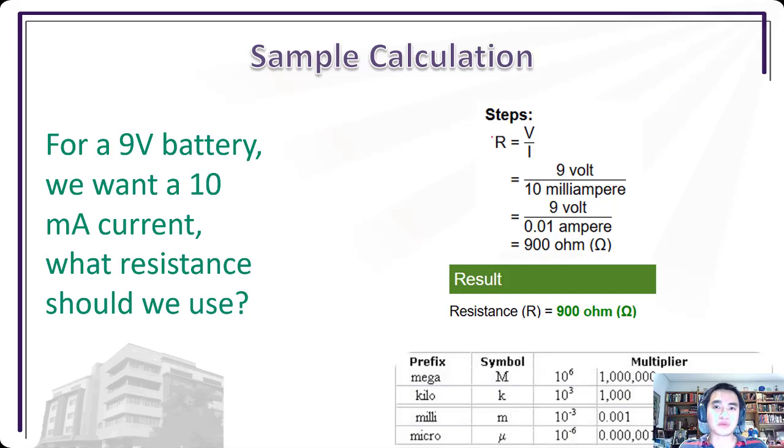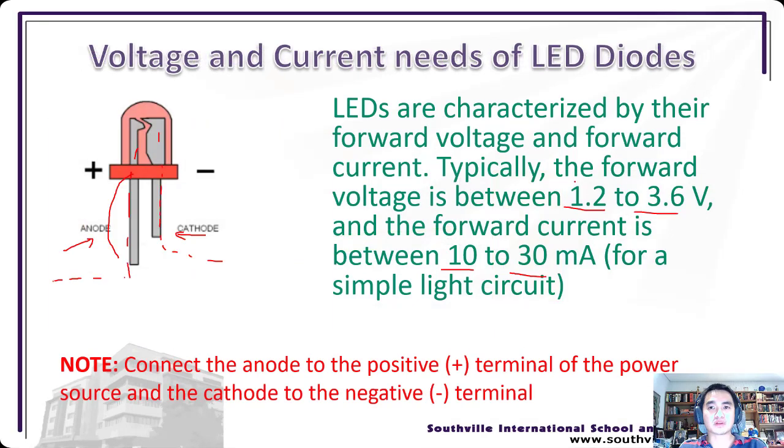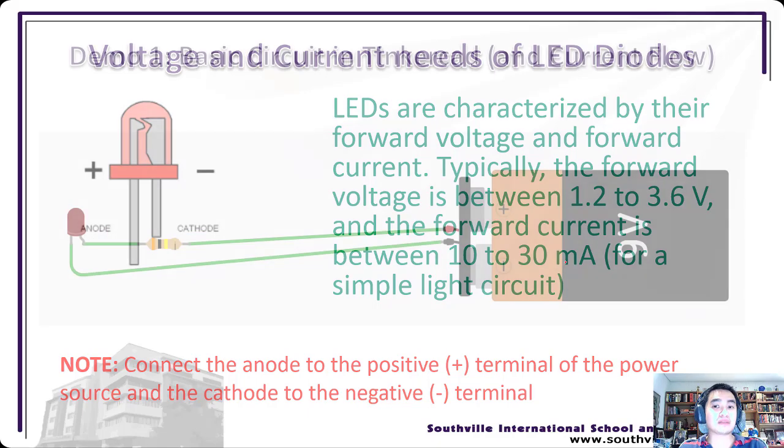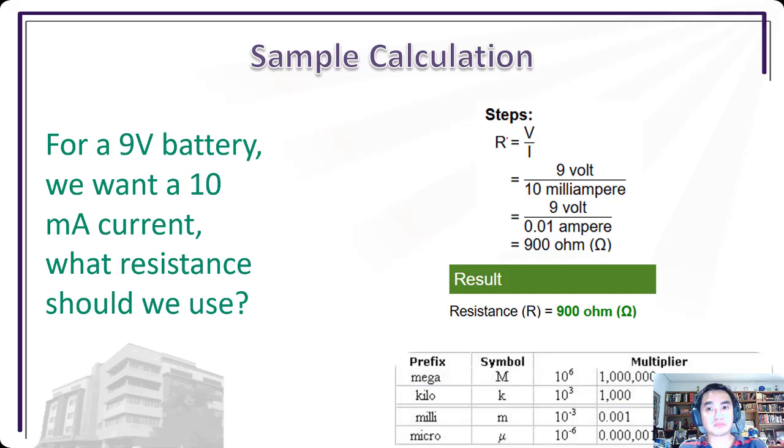R, resistance, is what we want to find, because we know we're looking at 1.2 to 3.6 volts and we need 10 to 30 milliamperes of current. So we don't know how much resistance we should put in the resistor.